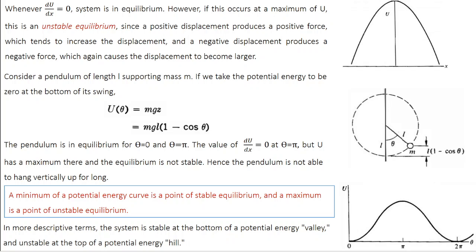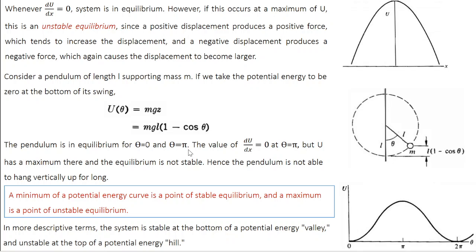Let's first calculate du by dx, because we know that for a position to be an equilibrium position, du by dx has to be 0. So when theta equals 0, we know that cos 0 equals 1. So u is going to be 0 there. So du by dx is going to be 0. So theta equal to 0 is one equilibrium position.